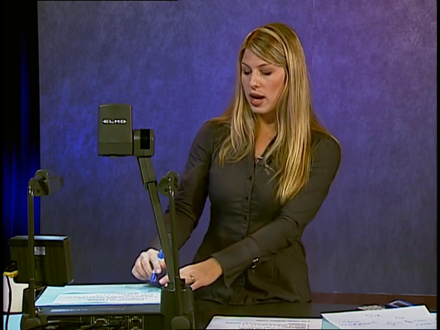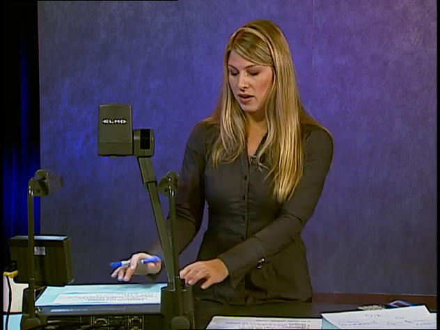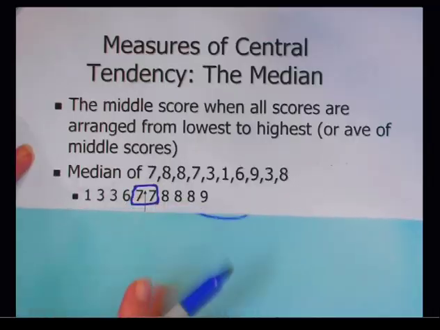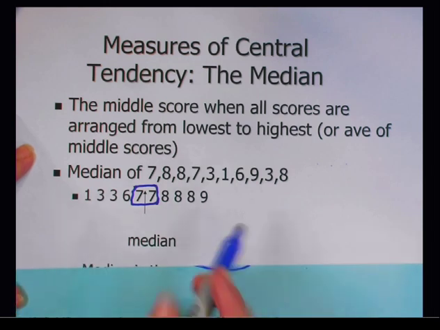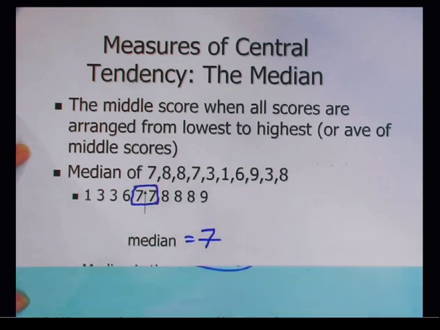If you average a 7 and a 7, 7 plus 7, remember we just did the mean, divided by 2 is 7, so you're perfectly fine. But had they been different numbers, you would have needed to average them and it would be in between the 2, okay? So go ahead and tell me what the median is here. The middlemost number, the average of these 2, and your median here equals 7.